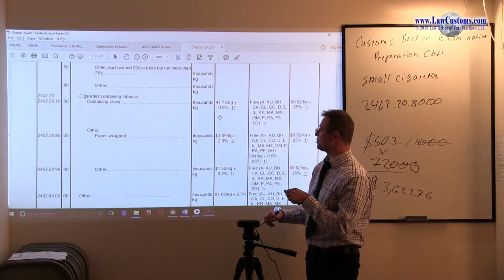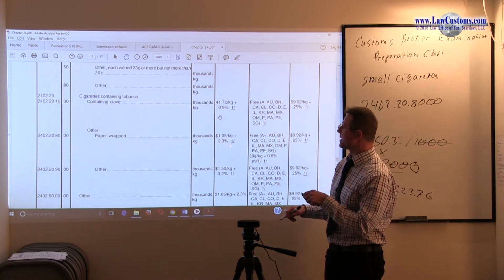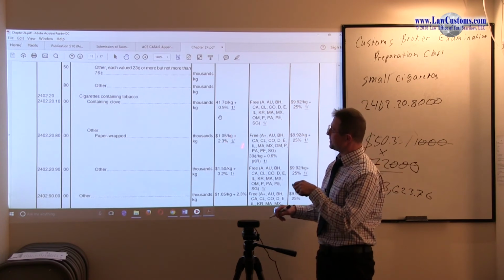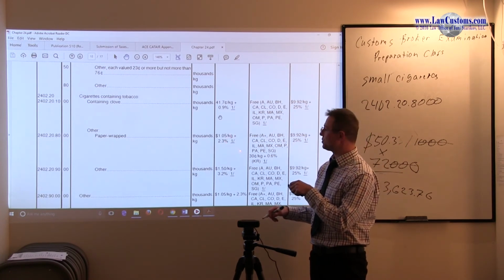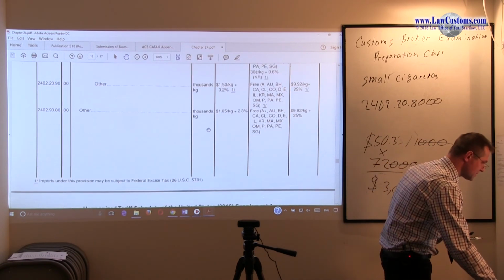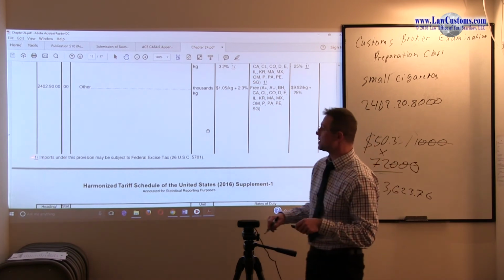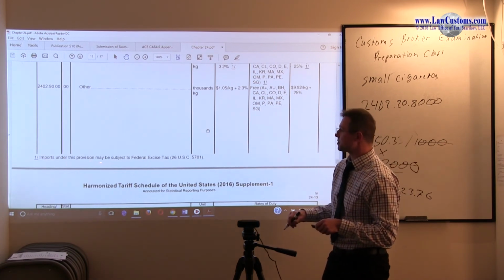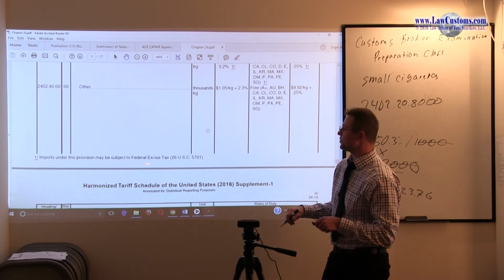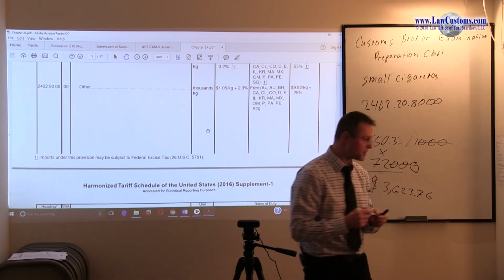So you pay 1.05 per kilogram plus 2.3%, and then you pay excise tax. I think this means that there is a footnote, the one that deals with the excise tax. And in fact, it is. So if you look at that footnote, it says imports under this provision may be, probably must be, subject to federal excise tax, and they even provided the USC code.